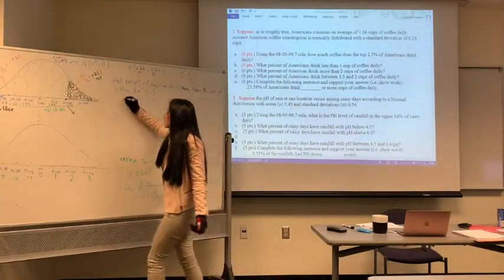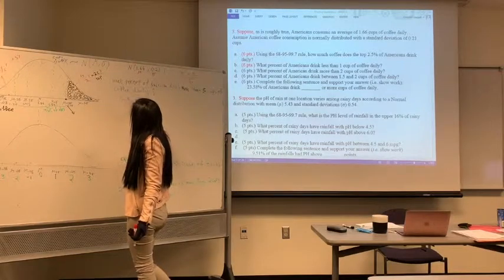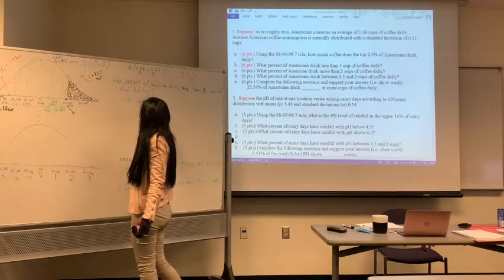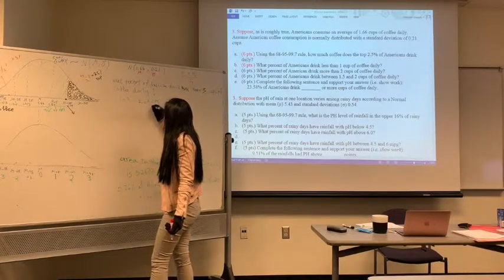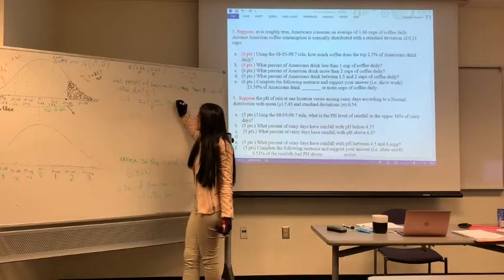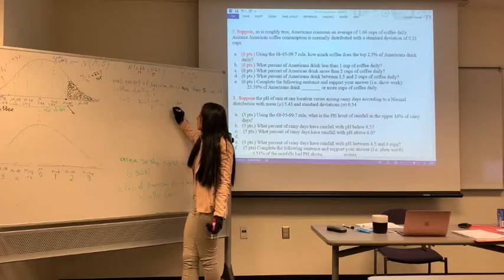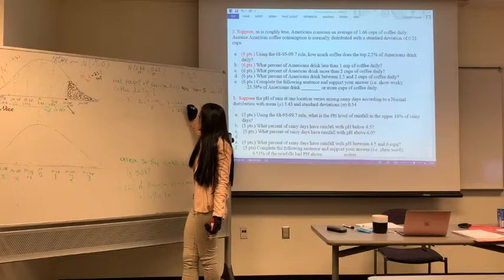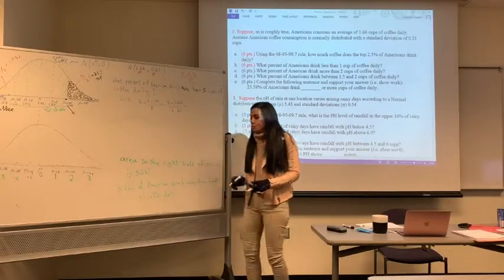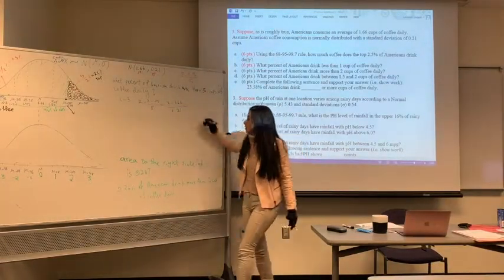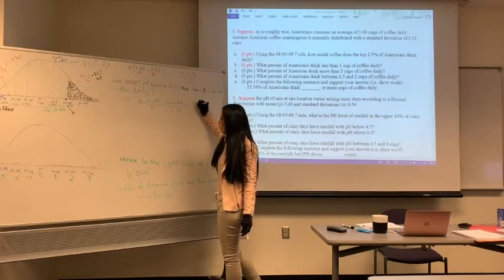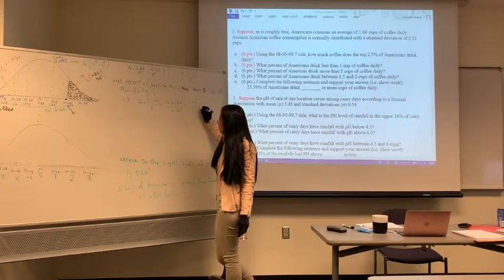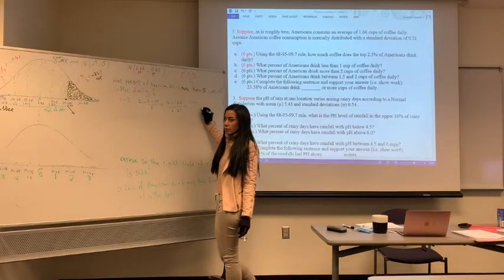So okay, x is equal to 3, z is equal to x minus mu divided by sigma, equal to 3 minus 1.66 divided by 0.21. 3 minus 1.66 is 1.34. Am I right? I think I'm right.